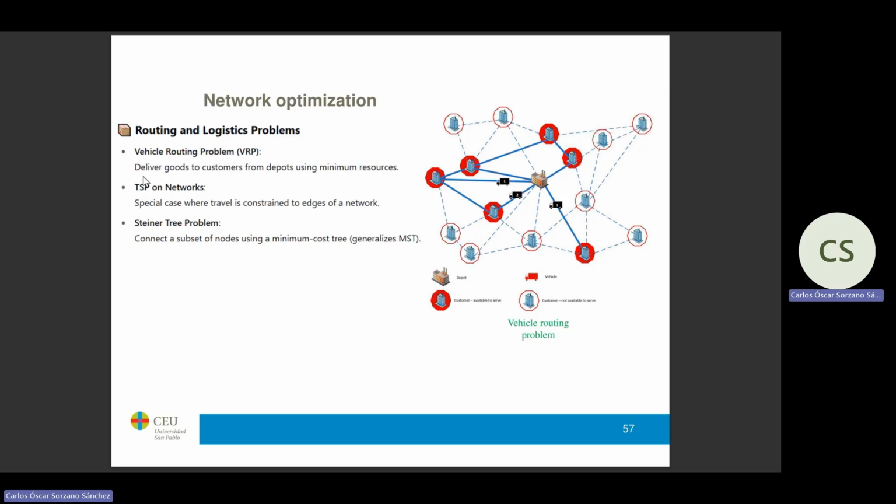Then the salesman problem. Then the Steiner tree problem, that is, connect a subset of nodes using a minimum cost tree. It is somehow a generalization of the minimum spanning tree, only applied to a subset of nodes.